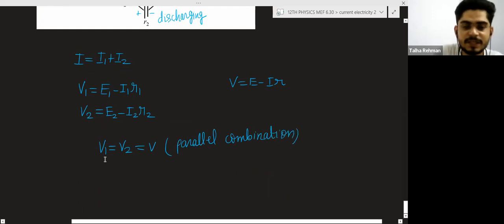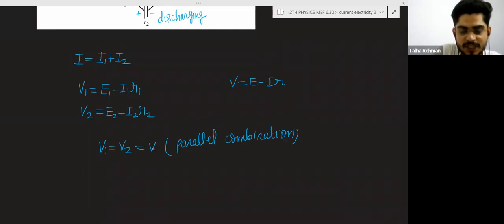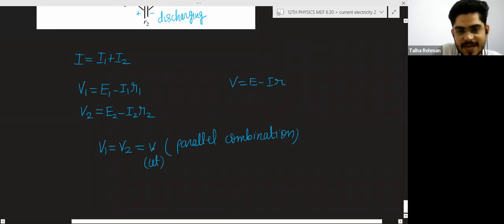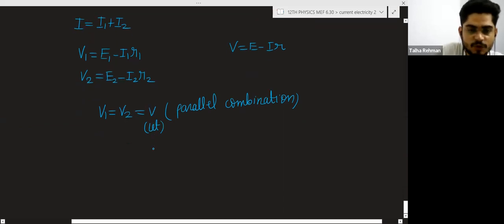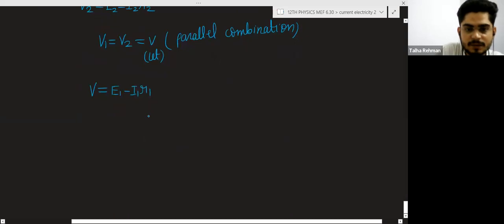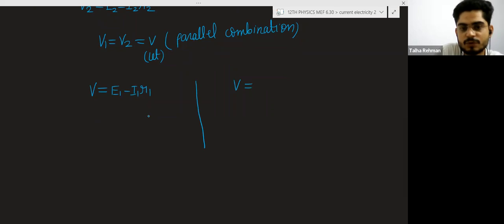So I am considering both potential differences as V. Instead of V1, now we will put V: V is equal to E1 minus I1 into R1, and here you can write V is equal to E2 minus I2 into R2.